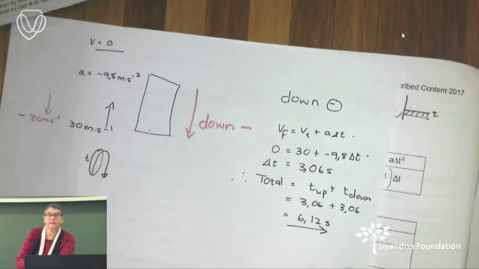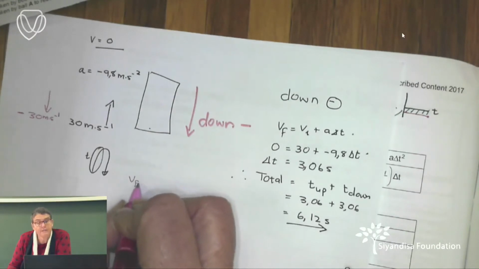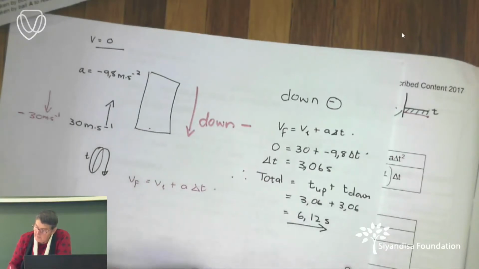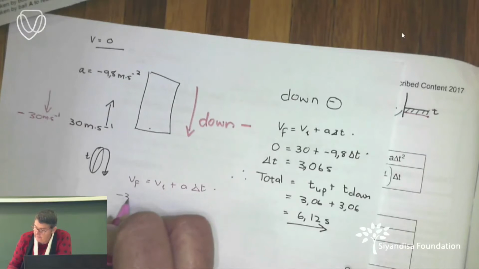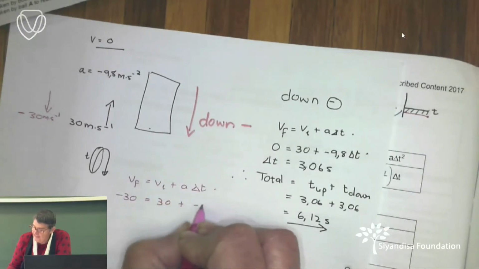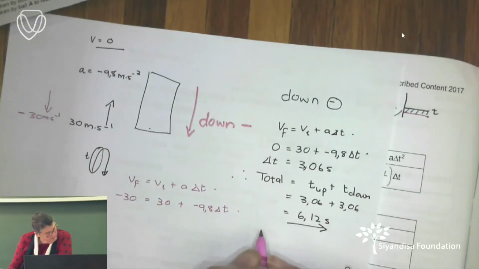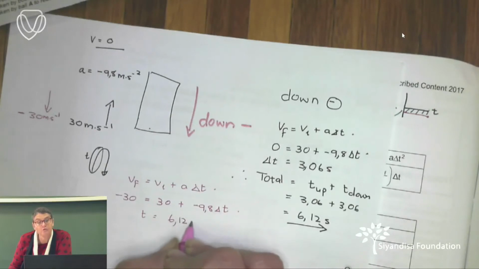Okay. Some of you might have decided to go with this one, and that's why I did this in pink just now. You might have used exactly the same formula. You said Vf is equal to Vi plus A delta T, except now you said that was Vf. So that was negative 30 is equal to 30 plus negative 9,8 delta T. And if you work that out, you should then also get that the time now is 6,12 seconds.